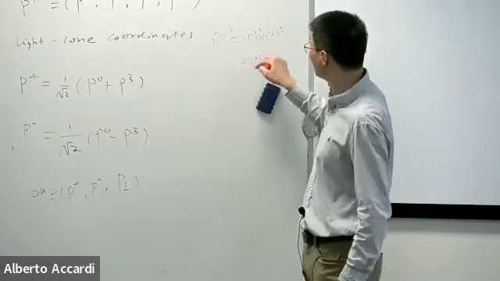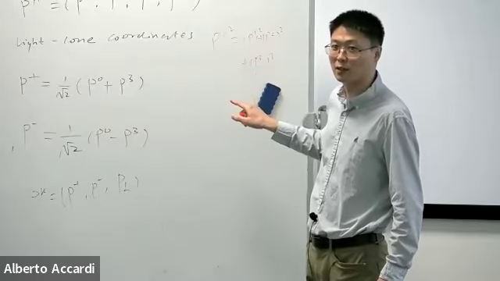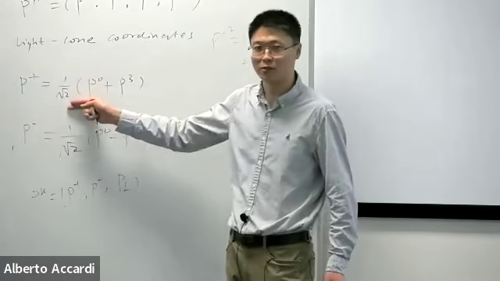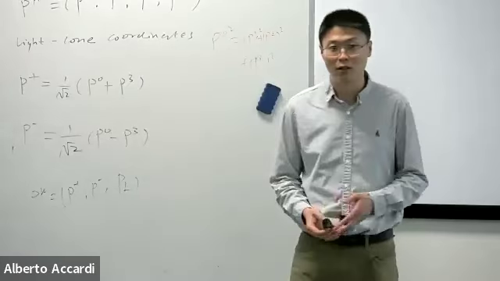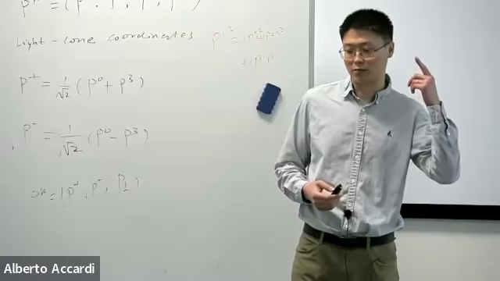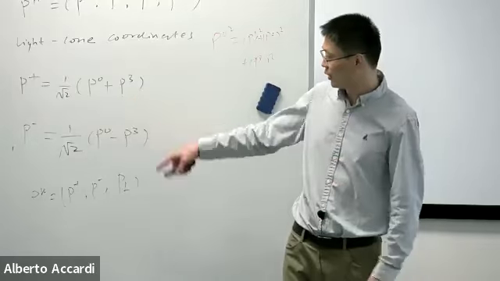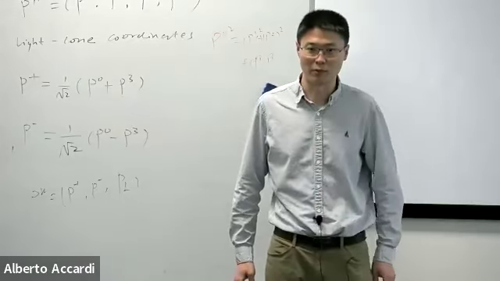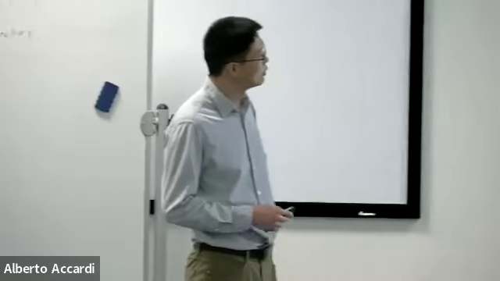If this one is very large and this is very small, your P0 is basically determined by P3. So this is usually very convenient. We will talk about a quark being collinear to a proton. It's basically saying that the momentum is in the same direction.